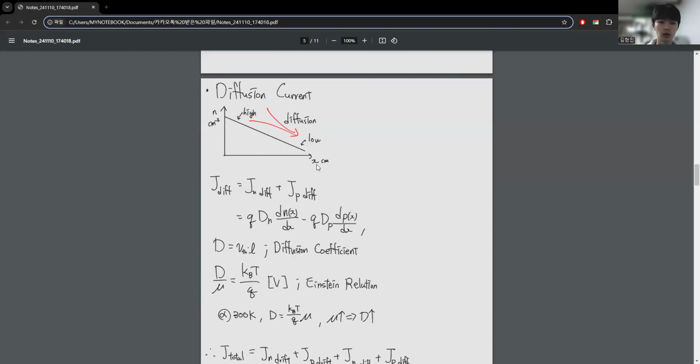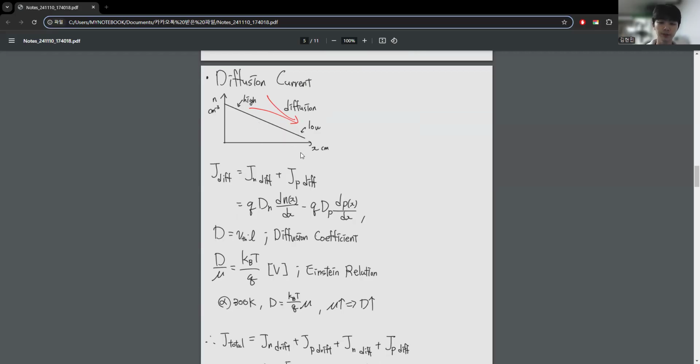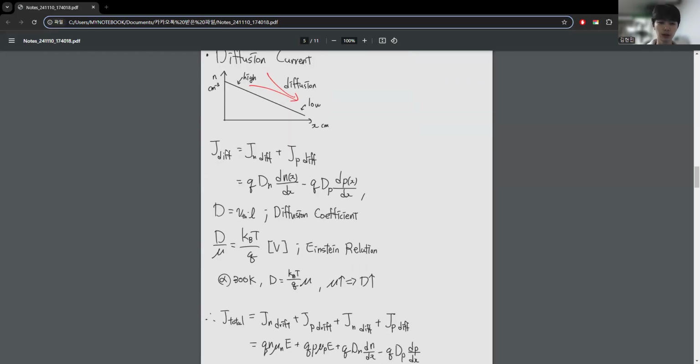Diffusion goes from high to low, so carriers move from high concentration to low concentration. So this semiconductor has diffusion current.